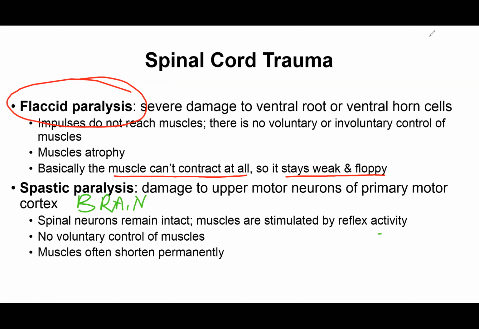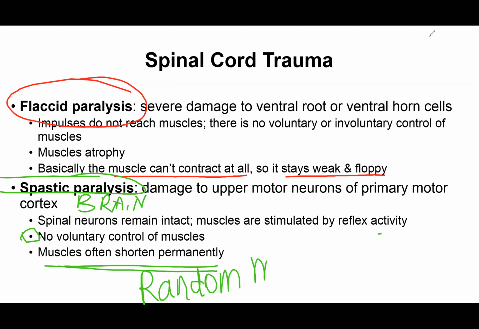And so in spastic paralysis, we don't have voluntary control over the muscles. And so the muscles are often going to shorten permanently. So this causes just random muscle contraction. And sometimes that contraction, the muscle will just eventually become stuck in that contracted phase.